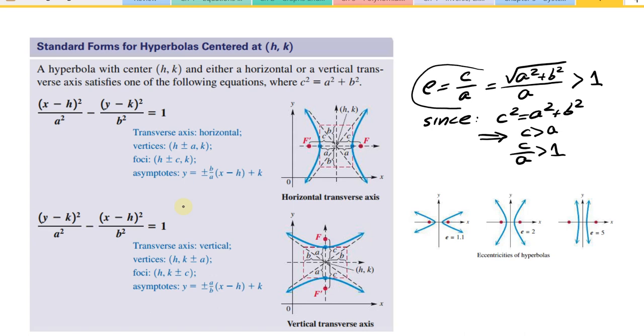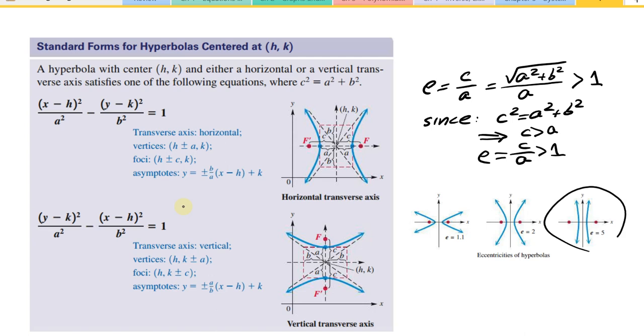The definition of eccentricity was the ratio of c to a, and because c is the square root of a squared plus b squared, and we just mentioned above that c squared is the sum of the other two squares, individually a squared and b squared should be less than c squared. Well, if c is greater than a, divide both sides by a, and you get that the eccentricity has to be bigger than 1.